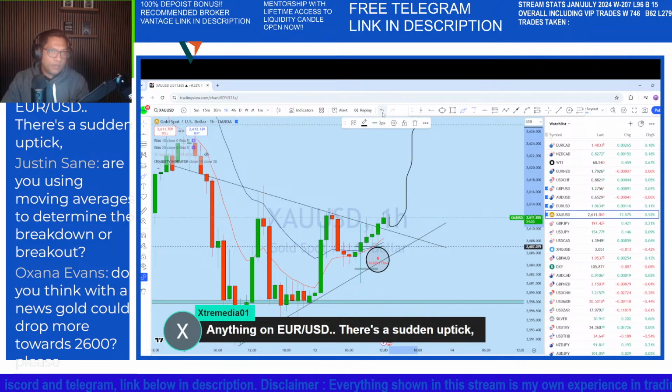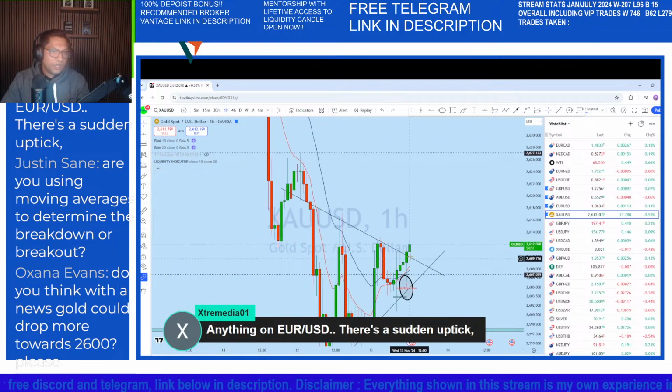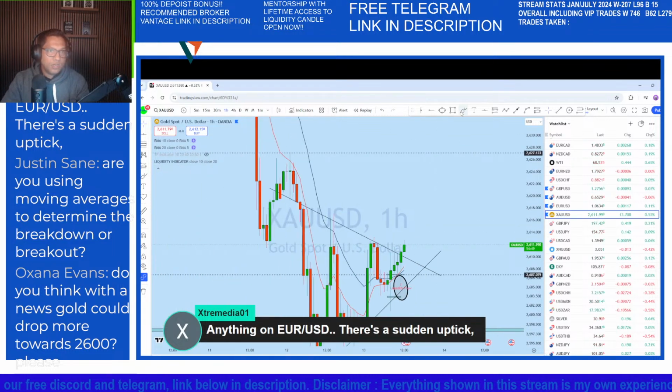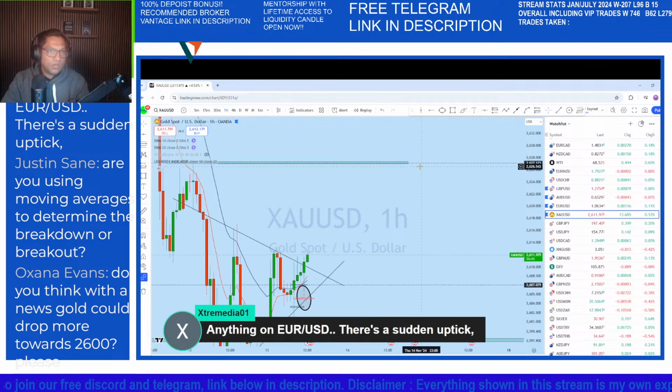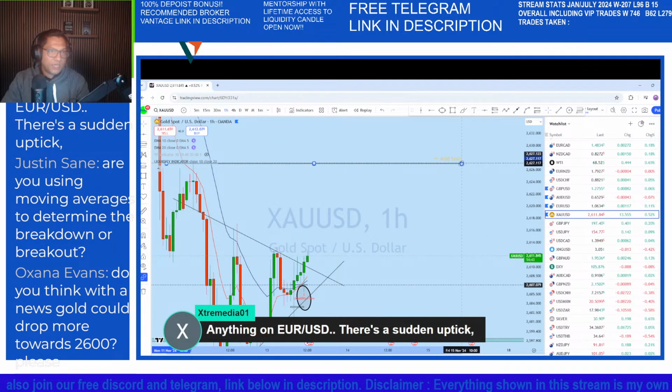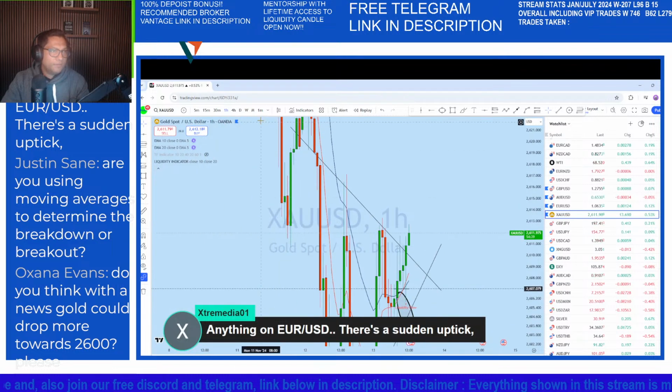And with that trend, we might see XAUUSD bouncing back to the resistance line here, which is an important liquidity zone here, expecting for the market to bounce back up to create a new higher high.